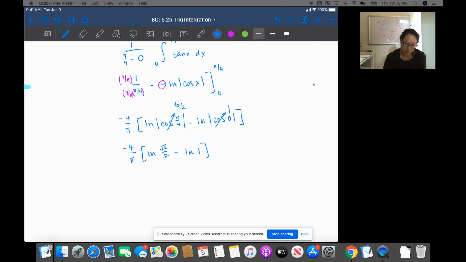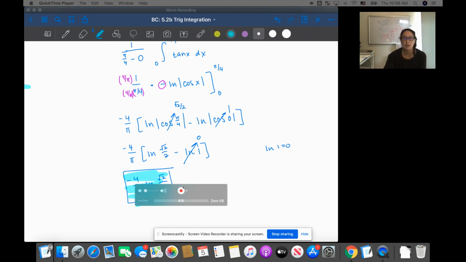And the ln of 1 is equal to 0. So that whole thing is going to go to 0. So I get negative 4 over pi times the ln of root 2 over 2. That's our average value. Okay, that's it.